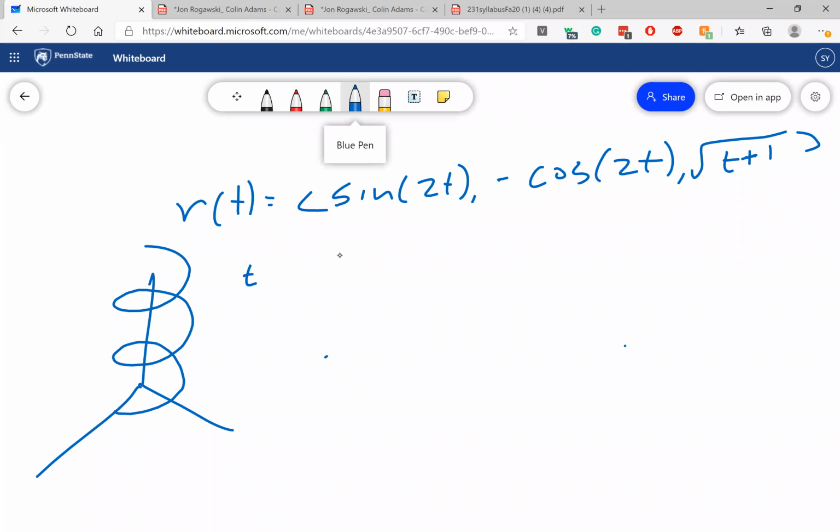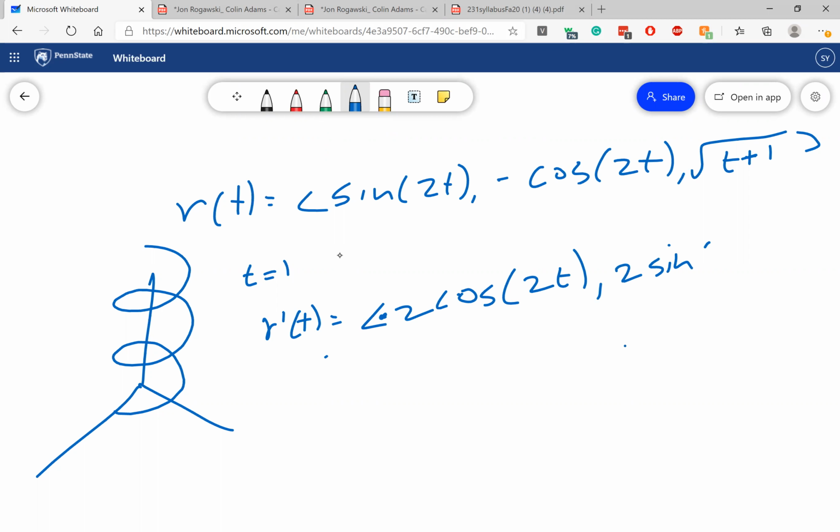So for t equal to 1, first, r prime of t is going to be equal to 2 cosine of 2t, and then 2 sine of 2t. And from here, we have t plus 1 to the 1/2.